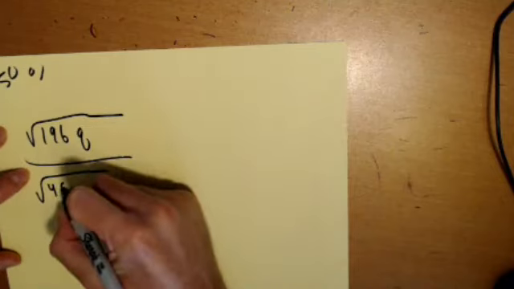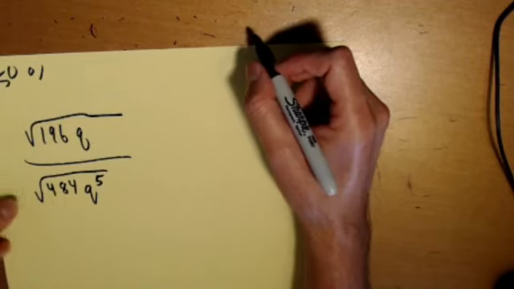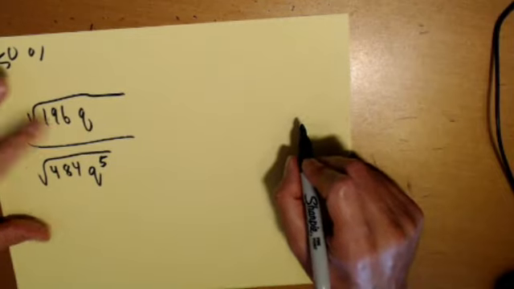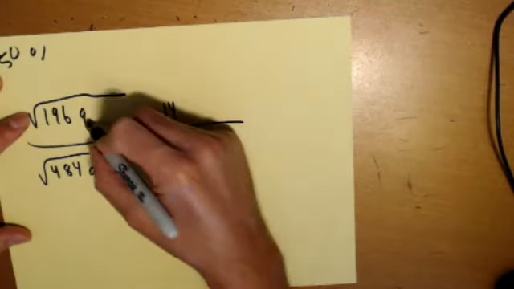Oh, now I recognize 484. It looks similar to 121, 11 squared. So this is just, let's see, let's clean this up. 196 is 14, and then square root of Q doesn't clean up.